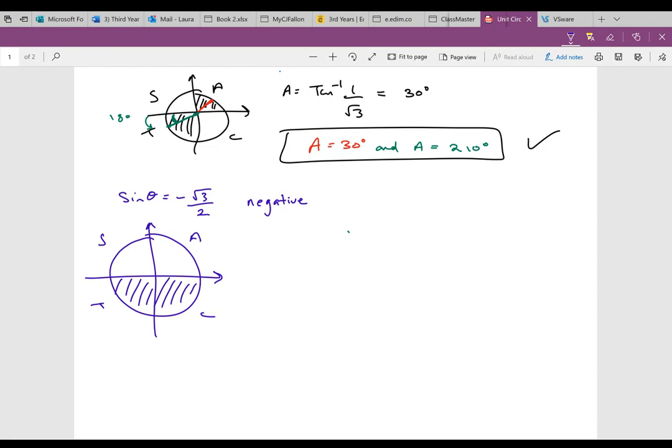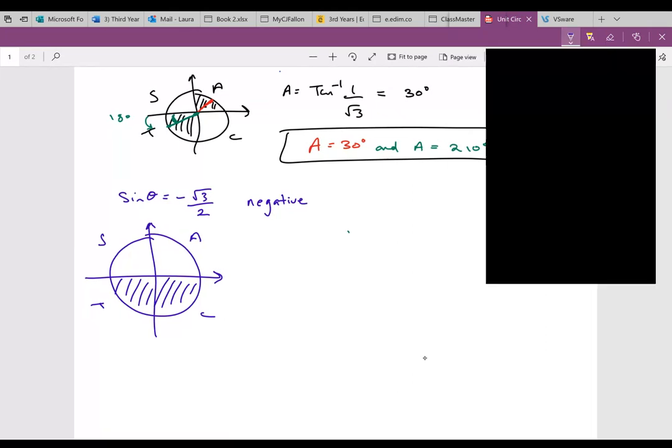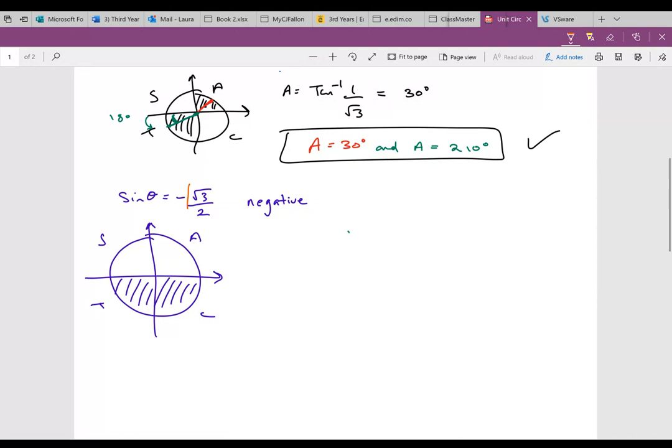What I said yesterday was to ignore the sign when you're looking for the reference angle. So I am just looking at this for the minute. If you look on your log tables, you won't find the negative values.